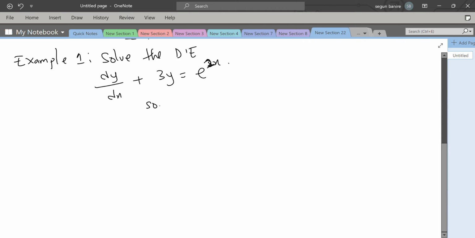So we have this given problem and we are asked to solve it. Looking at this question and comparing it with the form I gave you, you could see that P is 3 and Q is e^(2x). So this equation is actually in the form dy/dx plus P(x)y equals Q(x).